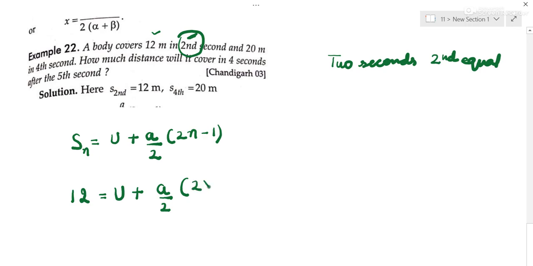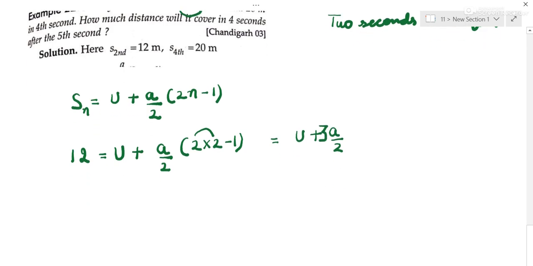So 2 into 2 minus 1, that is u plus a by 2 into 2 into 2, 4 minus 1, 3. So it's 3 I'm writing here. So my equation is ready as 12 equals u plus 3a by 2. So this is my first equation.